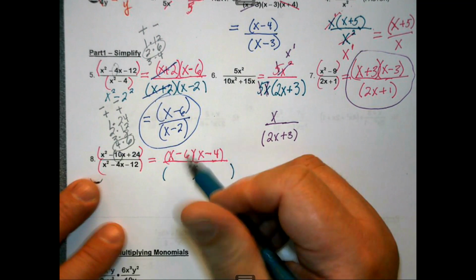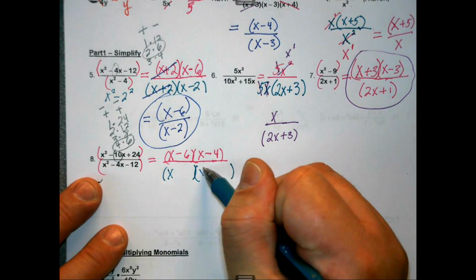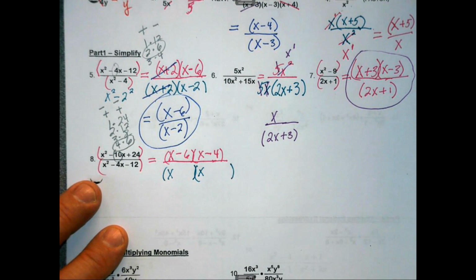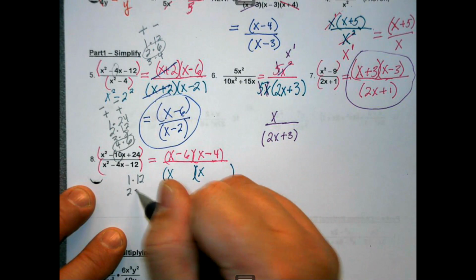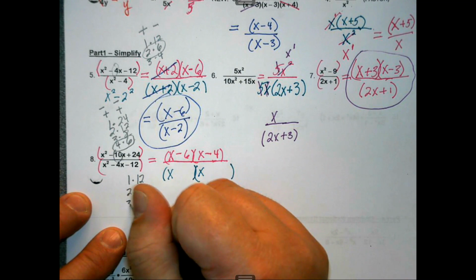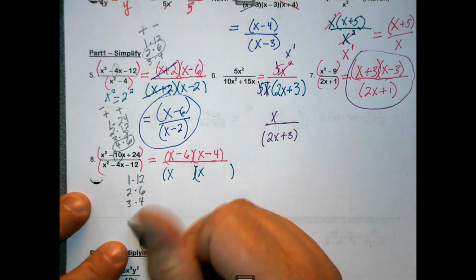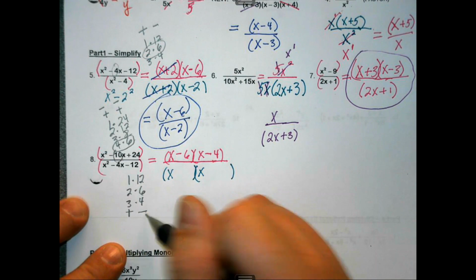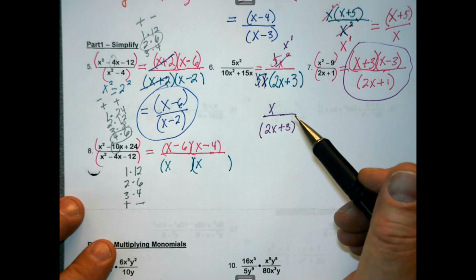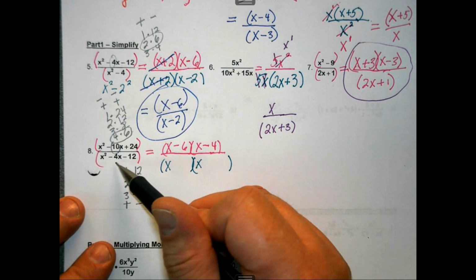Okay, factor the bottom. x times x. Factors of 12: 1 and 12, 2 and 6, 3 and 4. It's a negative number, so one's positive, one's negative, so we're going to be subtracting, and they have to subtract to 4.